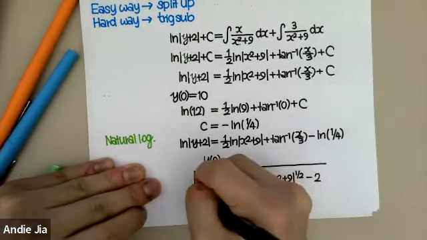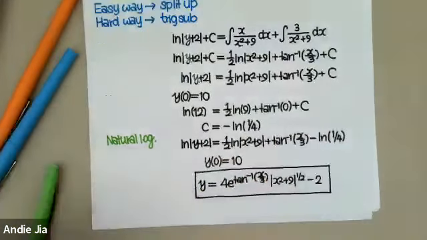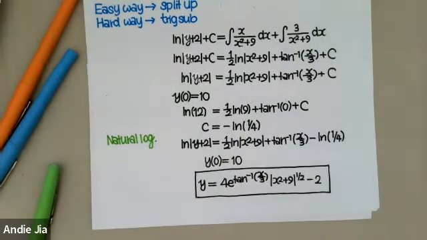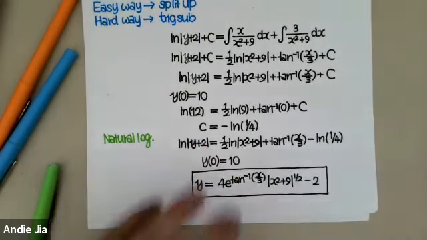So I will explain this process later. But basically you need to turn the natural log of y into e to the base, whatever it is. So that's it for straightforward separable differential equations.